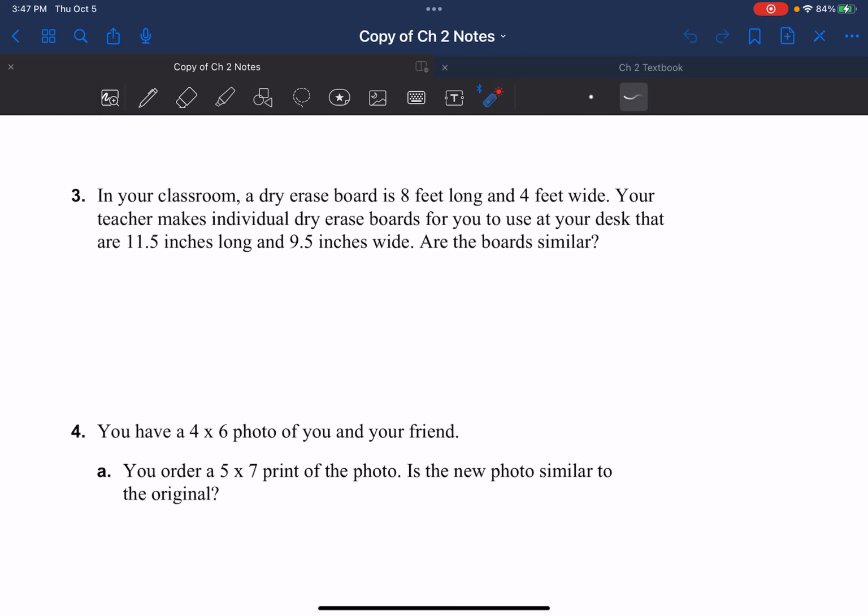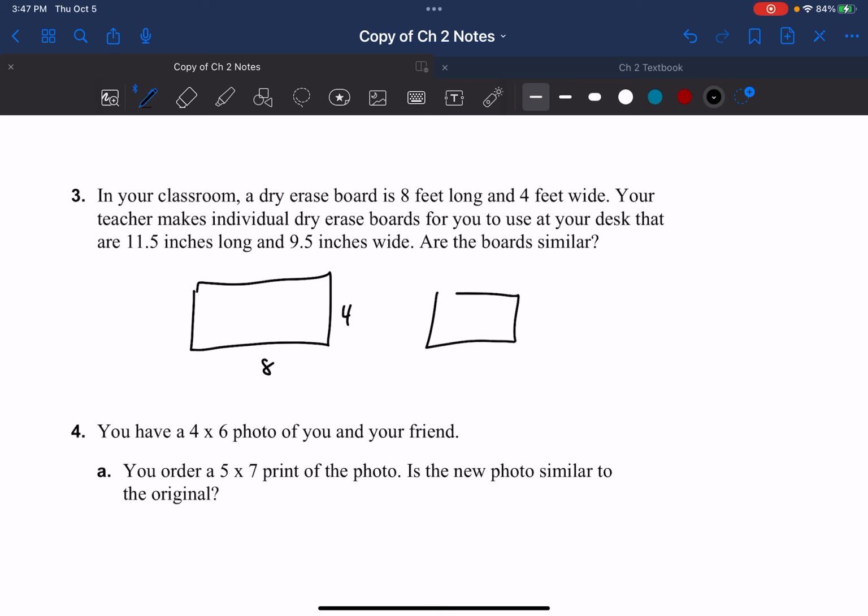Number 3, in your classroom, a dry erase board is 8 feet long. Let me grab my pencil. And it's 4 feet wide, so we got 8 by 4. Your teacher makes individual dry erase boards for you to use at your desk that are 11.5 inches. Ooh, gotta be careful. And 9.5 inches.